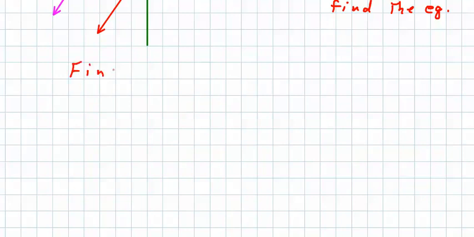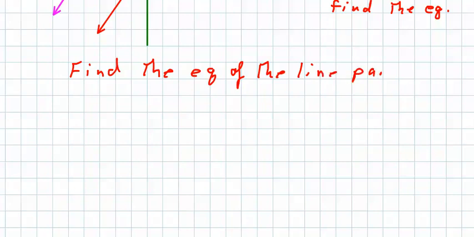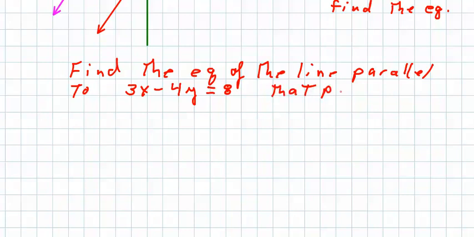Find the equation of the line parallel to the equation 3x minus 4y equals 8 that passes through -1, 2.